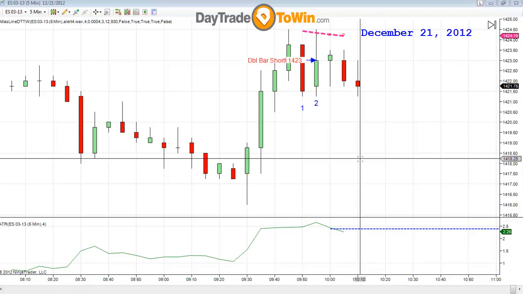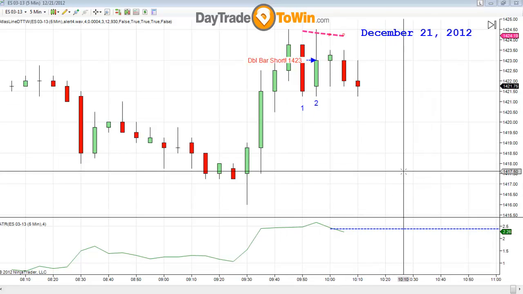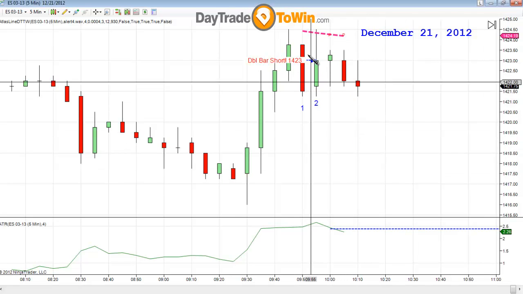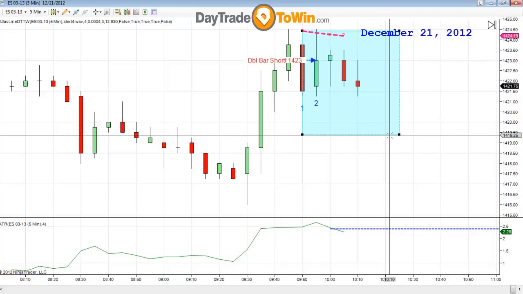I know that I want to go short. Now, what would change that? Why would I decide to go long? Or, what would really cause that to happen? Well, when I look at price, and I look at the Atlas line, I say price is below the Atlas line, so I'm looking for short trades.